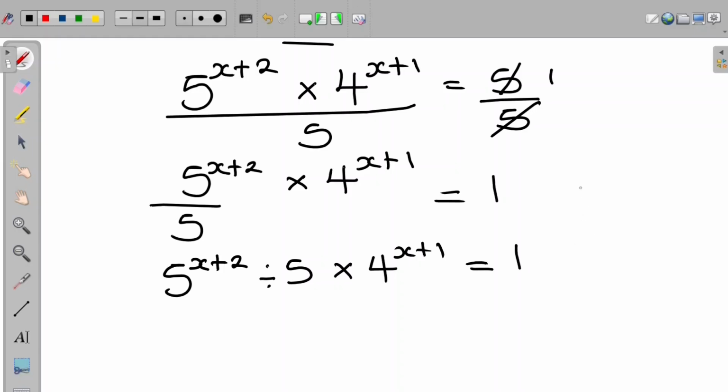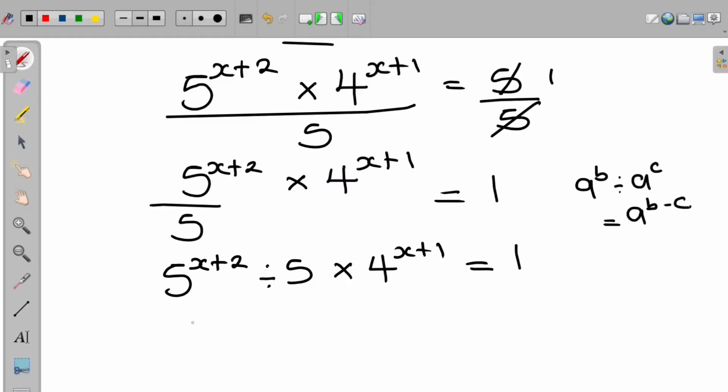Recall that in our division rule of indices, if I have a raised to the power of b divided by a raised to the power of c, this is equal to a raised to the power of b minus c.